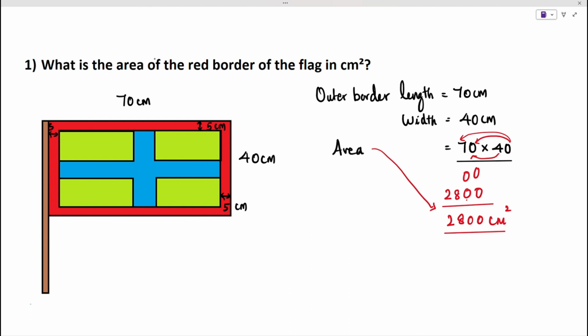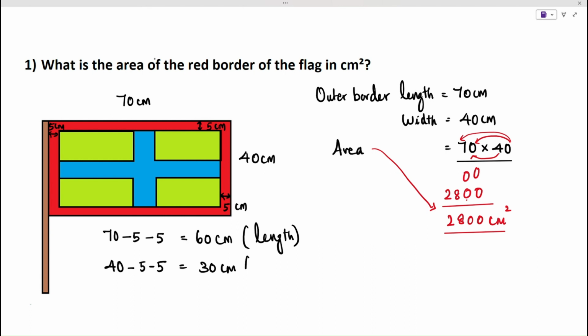So 70 minus 10 is equal to 60, and we can do the same with 40. So 40 minus 10 is equal to 30 centimeters, and this is our width.